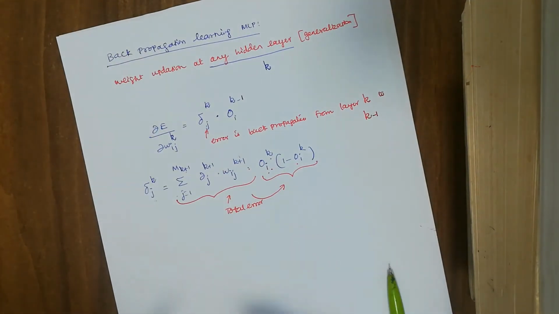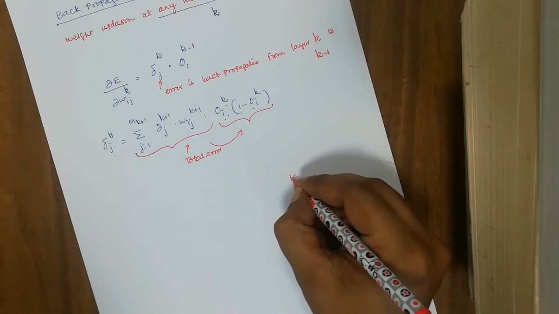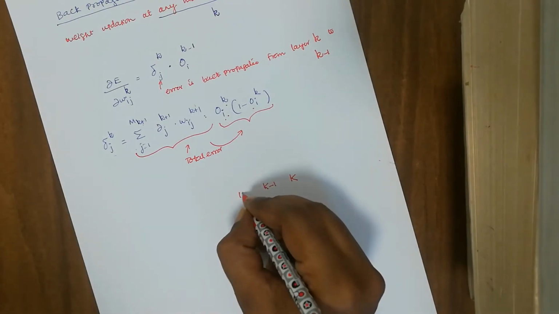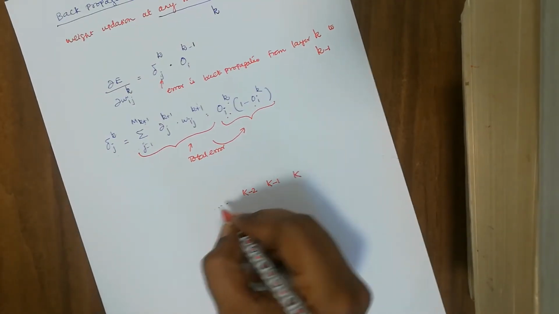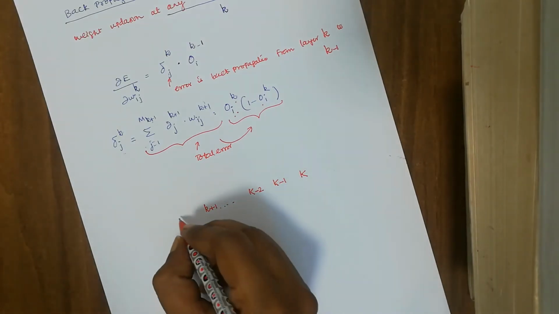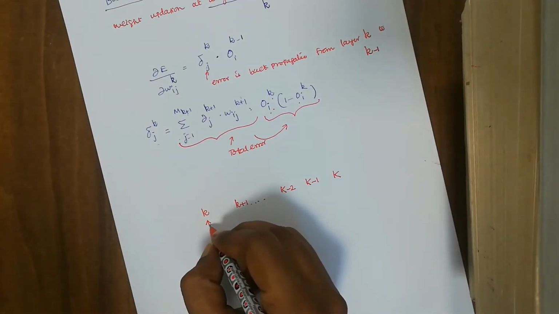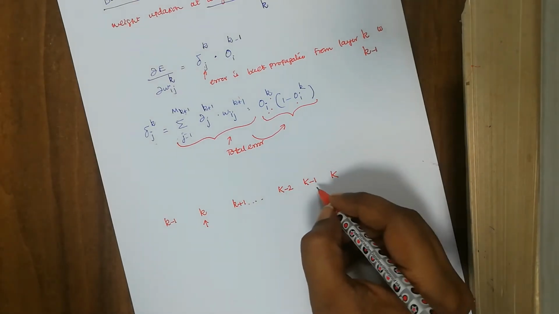So in general, I can write something like this. The output layer is represented as k, the previous layer k minus 1, next k minus 2, and all the way up to, let's say, small k plus 1 and then the kth layer. If you are updating the weight at the kth layer, this is what happens.